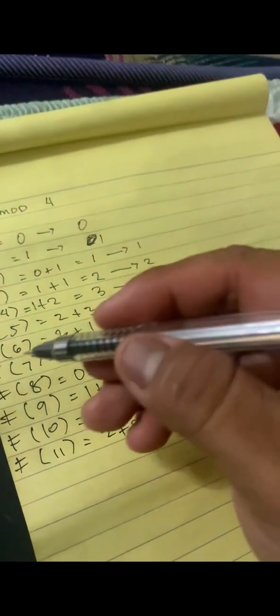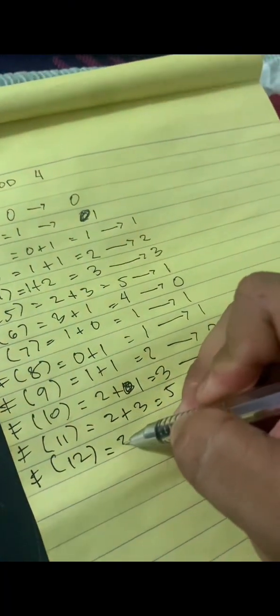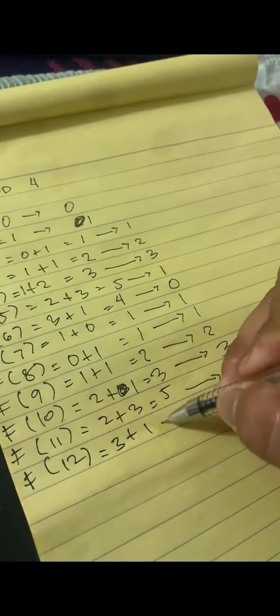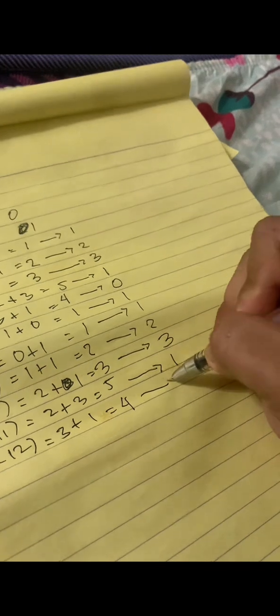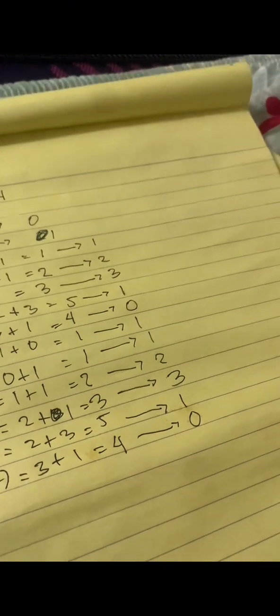F sub 12 is equal to 3 plus 1, equal to 4, and there is no remainder because 4 divided by itself leaves no remainder.